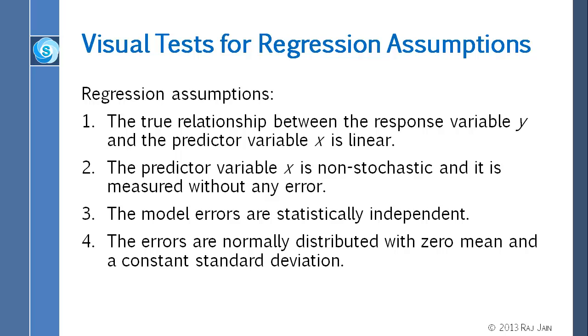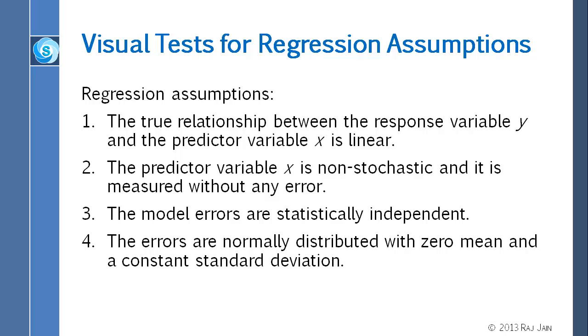And that's a difficult one to verify, but we will show you how. And that the errors are normally distributed with zero mean and constant standard deviation. So we assume, regardless of what the original observation is doing, we are not talking about the original observations, we are talking about the errors. Regardless of what the original observations we had, the errors are coming from a lot of observations combined together, so they become normal. Just like the mean becomes normal, the errors become normal.